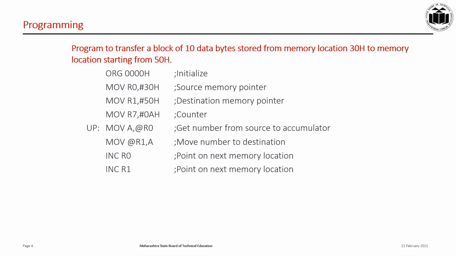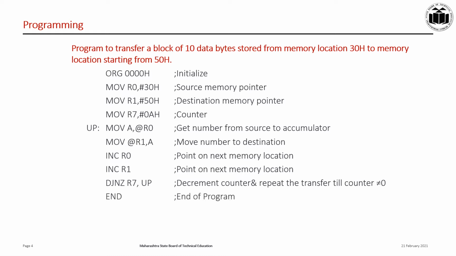After incrementing the source and destination pointers, we decrement the counter by 1 by using the instruction DJNZ. After decrement, we will check for the 0 value. If the counter is 0, then we will get out of the loop. And if the counter is not equal to 0, then it will jump to the up label for further transfer of data.